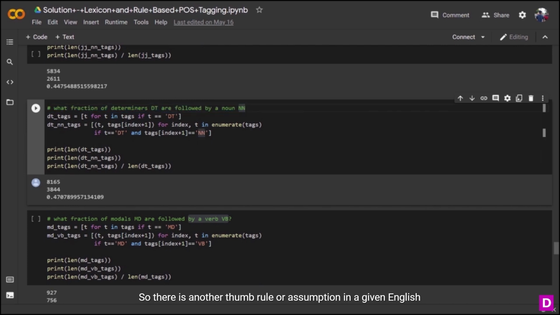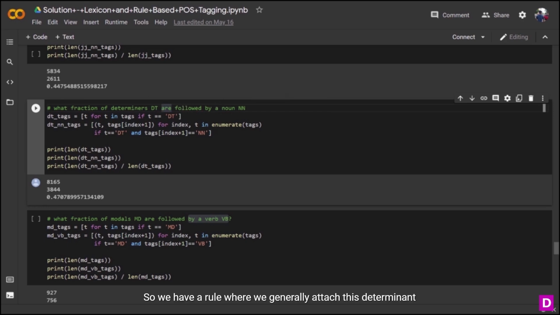So there is another thumb rule or assumption: in any text corpus, in any given English sentence, there is a high chance that a noun would also be preceded by a determinant. Whenever we refer to a noun, especially proper nouns, we attach a determinant before the proper noun, if I am not wrong, right?